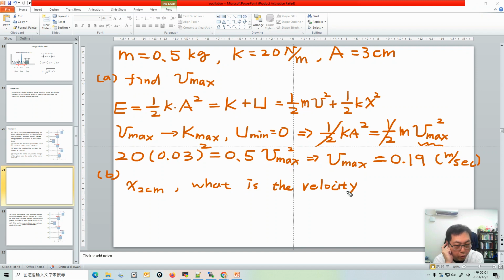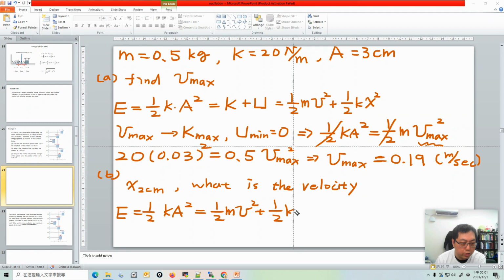Using the energy approach, the total energy is equal to 1/2 k A squared, and it's equal to the kinetic energy plus the potential energy.